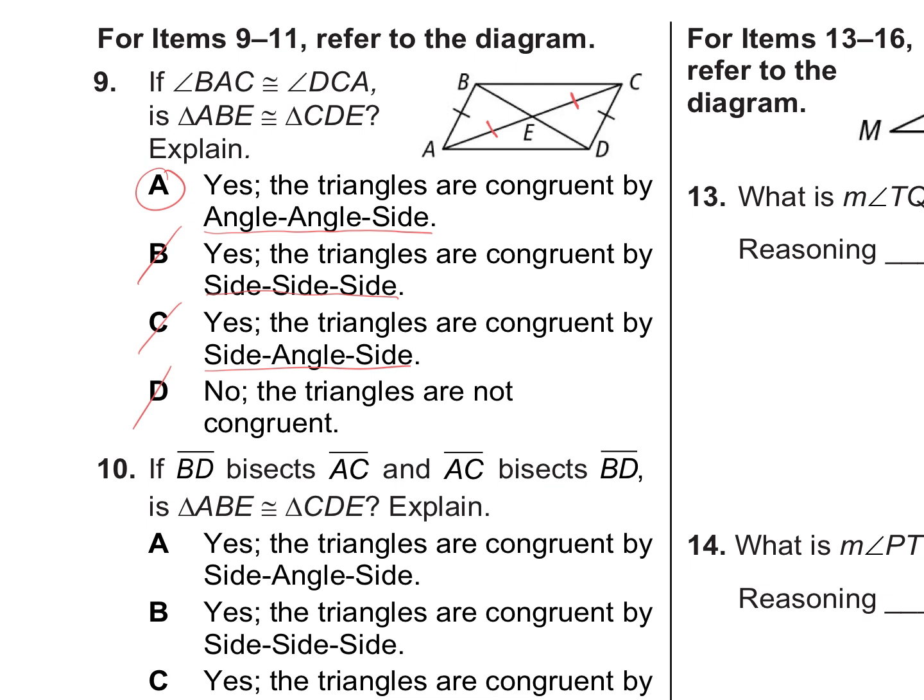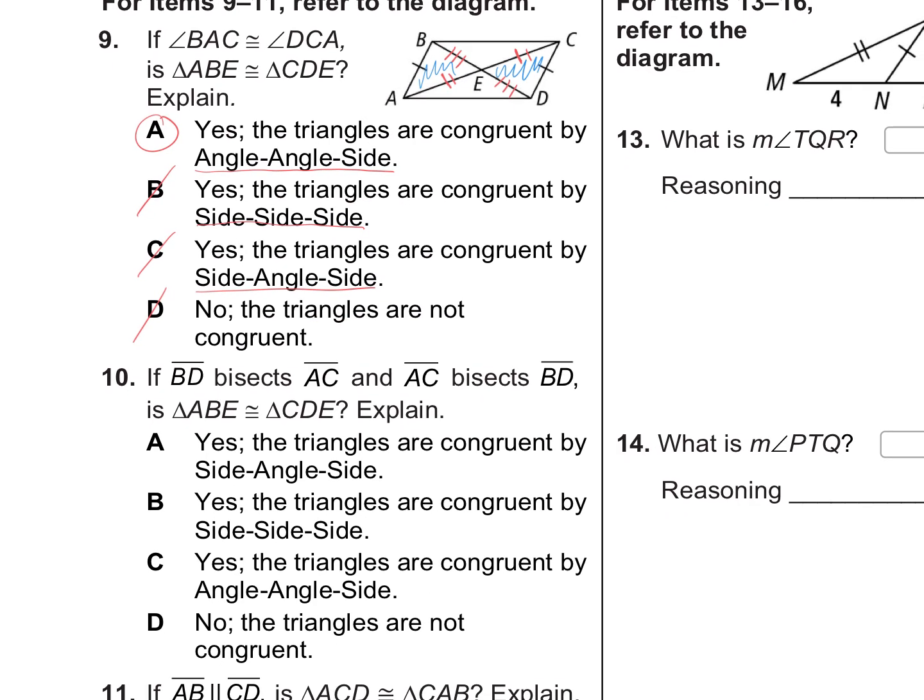Similar idea, if AC bisects BD, we know that these two are congruent to each other. Does that make sense? So if it says it bisects a line, it splits that line in equal parts, so we can assume they're congruent. Now it wants to know if these two triangles are congruent to each other. If so, by what? What are you thinking?